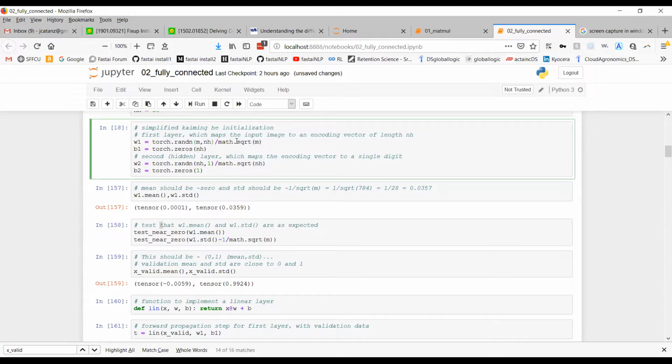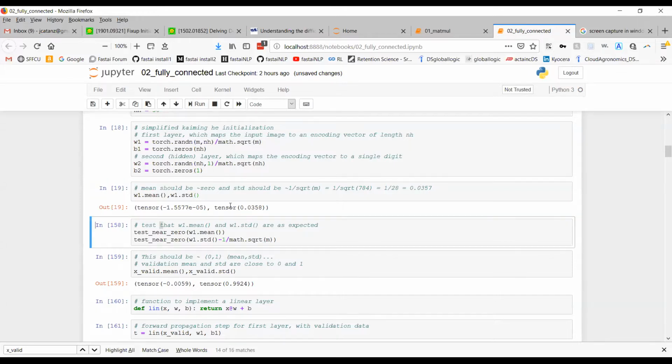But because we're dividing by the square root of m, we expect it to be 1 over the square root of m. So 1 over the square root of 784 is 1 over 28, which is 0.0357. That's what we're expecting. So we look at the mean and standard deviation, and they are close to what we expect, close to 0 and close to 0.0357.